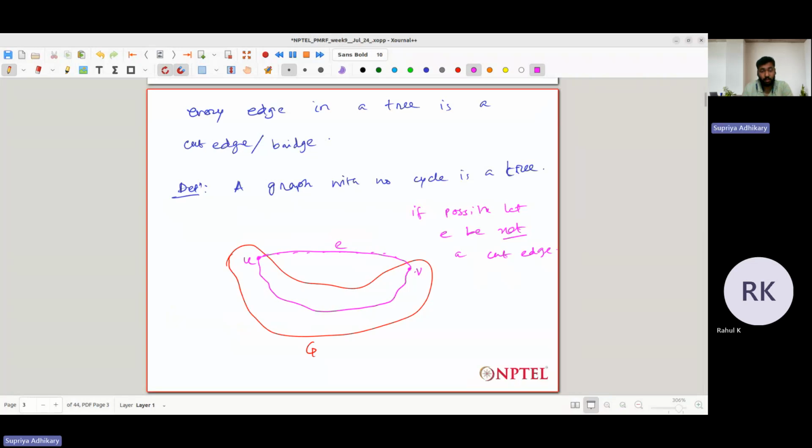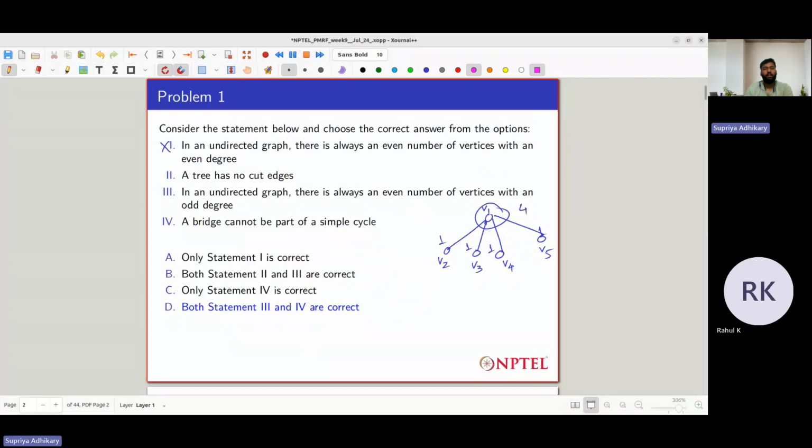But that is a contradiction, because a tree does not have a cycle, and therefore every edge is a cut edge in a tree. So the second statement is also not true.